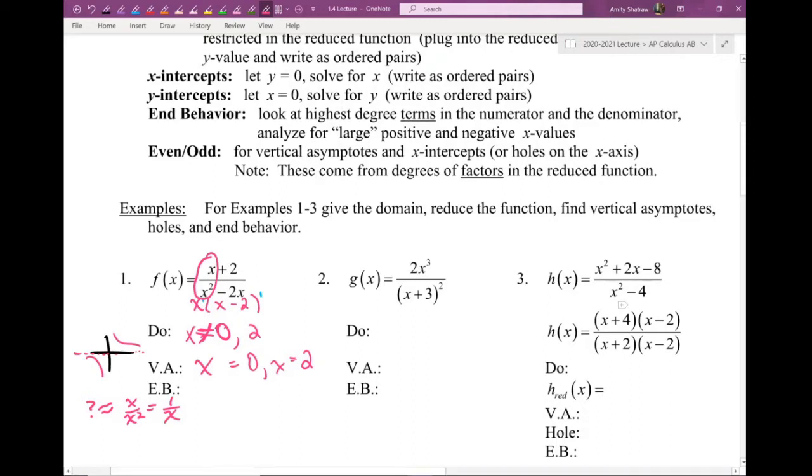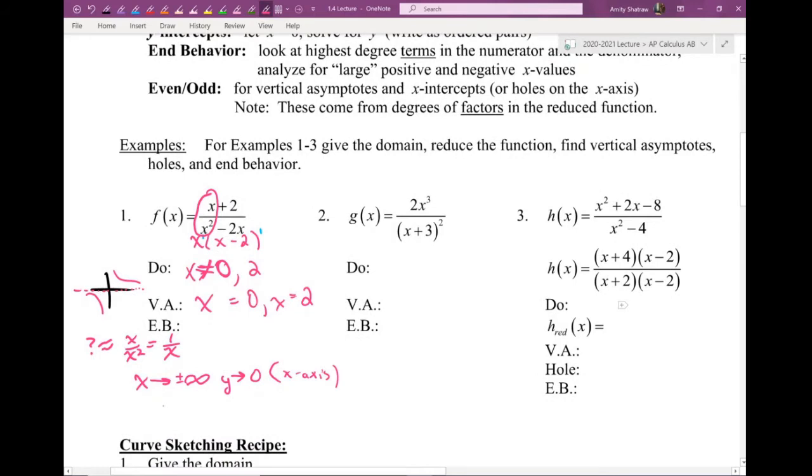We say that when x is going to positive or negative infinity, then y will be going to 0, which is the same thing as the x-axis. And that is something we can write down as a value. Horizontal asymptote is going to be y equals 0. Remember that the x-axis has an equation, and its equation is y equals 0.